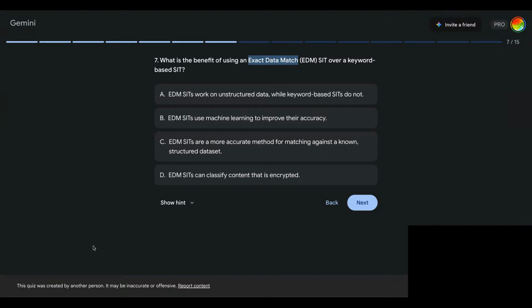So, what do you think is the answer here? Think about if I'm trying to detect something specific and I want that detection to be accurate.